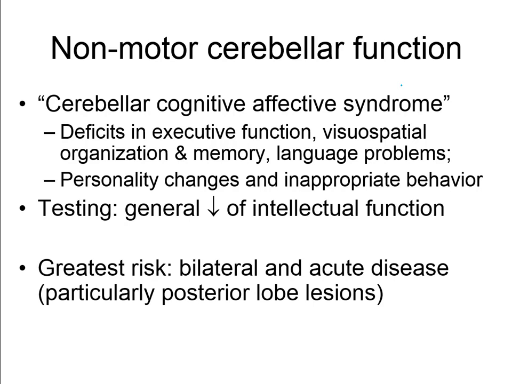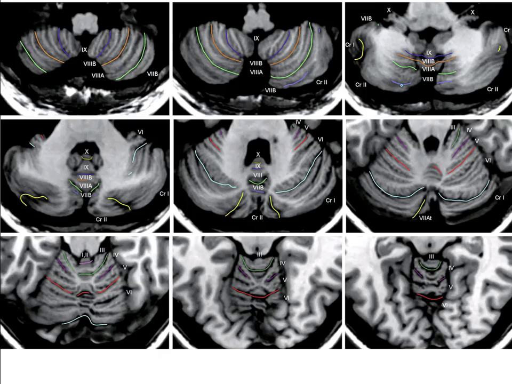The greatest risk for this is if you have bilateral cerebellar disease, especially in the acute state. Somebody with long, slow degeneration or congenital malformation is not going to have this. This is what happens when you get typically vascular injury in the cerebellum, particularly posterior in the cerebellum.